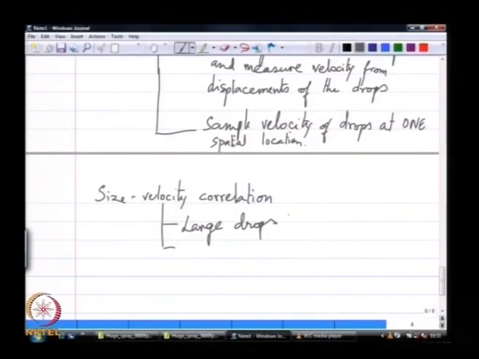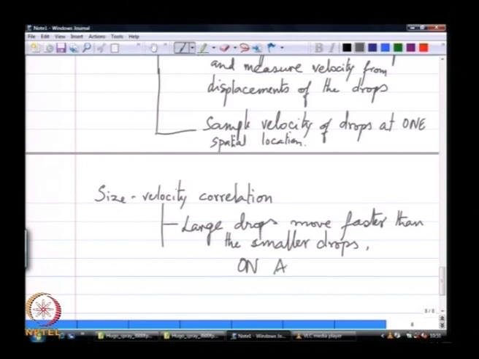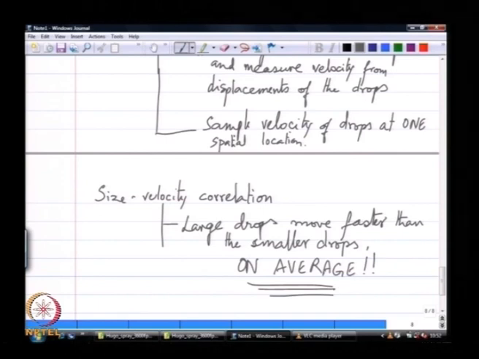Okay. So, this is the idea that, on average, this is a very important word, because I cannot draw any conclusion on any two given pairs of drops.